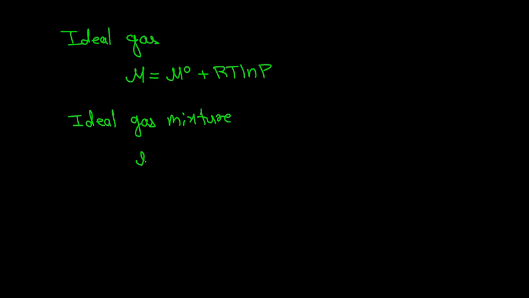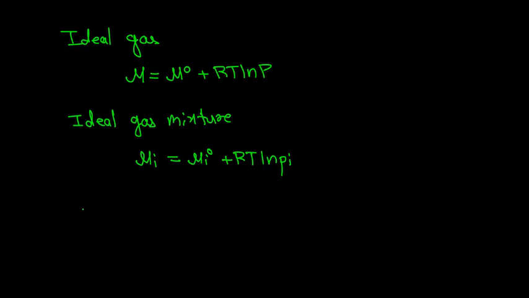If you have an ideal gas mixture, then you have a quantity called mu i, because you have to now define the chemical potential with reference to every component, and this will be equal to mu i0 plus RT ln Pi, where P in the previous equation is the total pressure, and here it is replaced by Pi, the partial pressure.